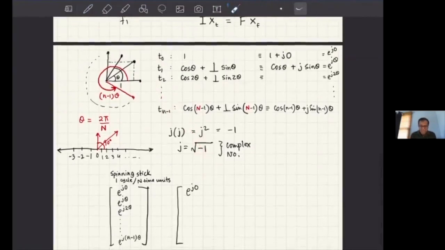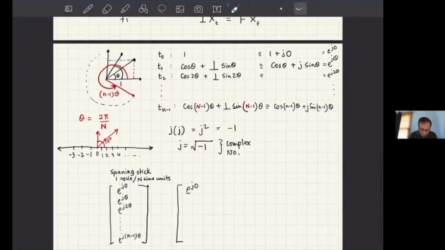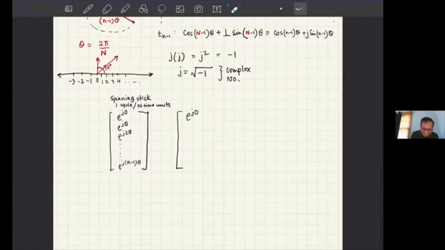But what is the next position of the stick going to be? Well, the stick is rotating at twice the speed. So the next position is going to be 2 theta. The next position is going to be 4 theta, and so on. So then I can express that stick as e to the power j0, e to the power j2 theta, e to the power j4 theta, and so on, e to the power j twice of (n minus 1) theta.